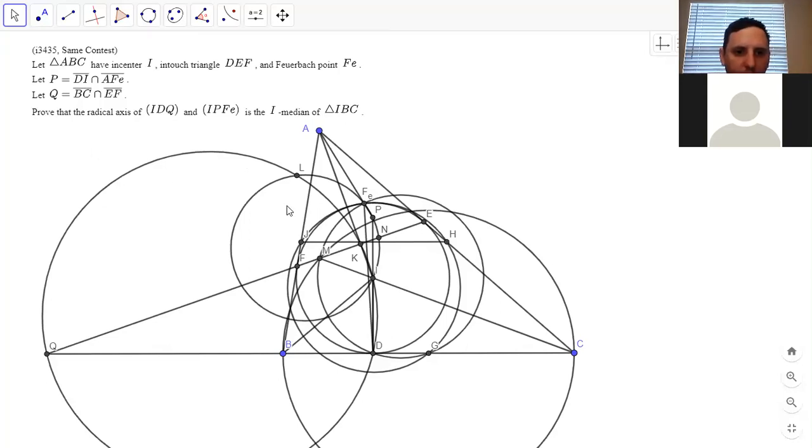So does this circle invert to itself? Yes, we should prove that. Okay. Is it obvious that GFE? Well, oh, that I don't think that's perpendicular.